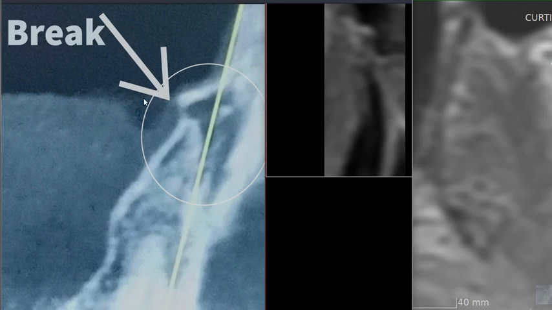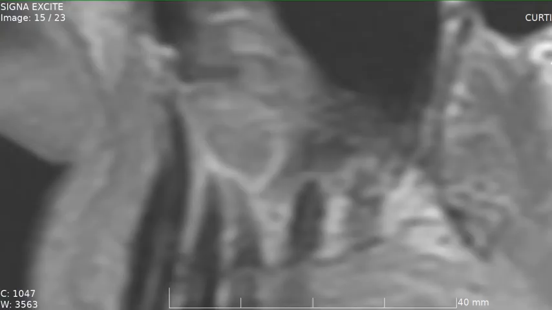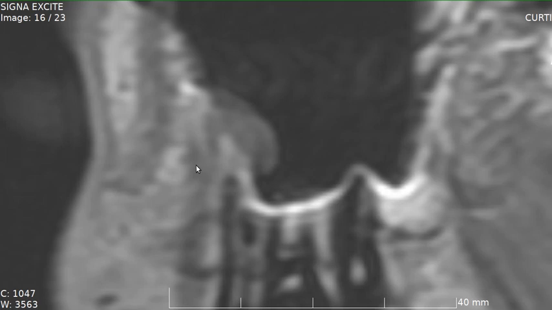This is the level it went to a few weeks later where that break is. See here? There's that tooth. Okay, there's that break. There's the top of the tooth or something, and it kind of wisps off there. And then we see this.